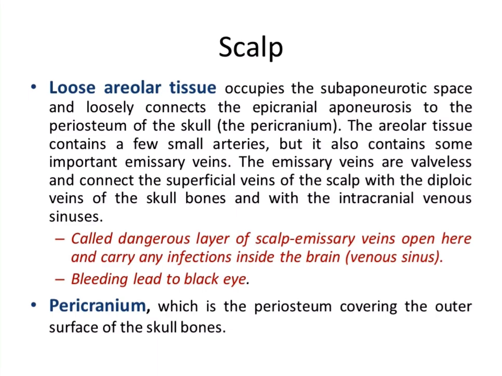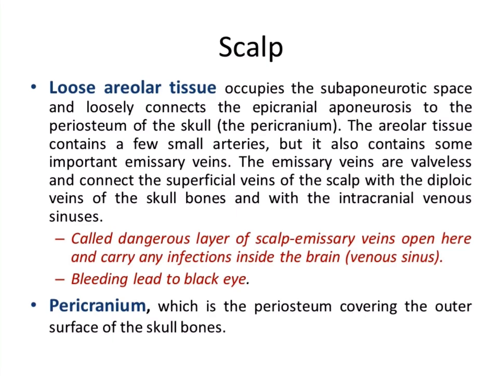occupying the subaponeurotic space below the third layer, and loosely connecting the epicranial aponeurosis to the periosteum of the skull, or we call it the pericranium, the fifth layer of the scalp. This areolar tissue contains a few small arteries, but also, as we said, contains small important emissary veins, valveless veins.